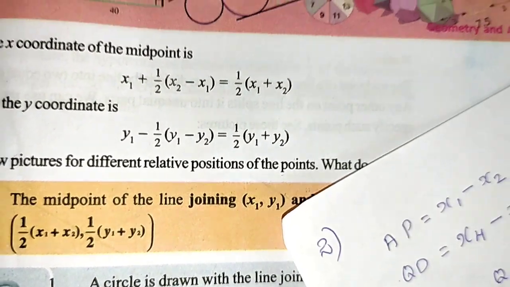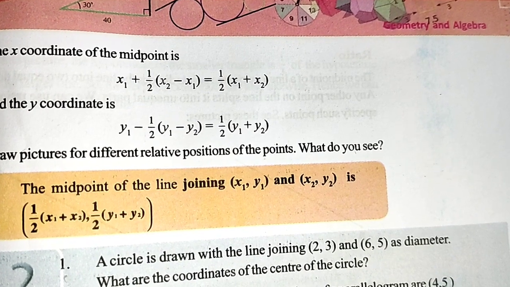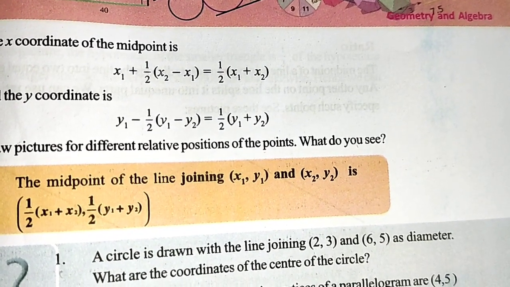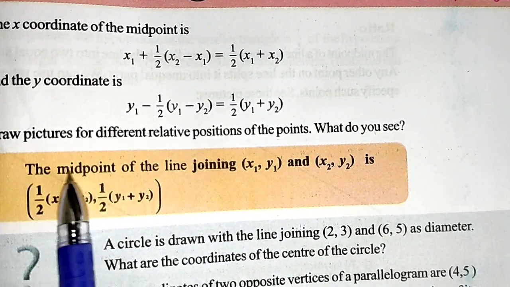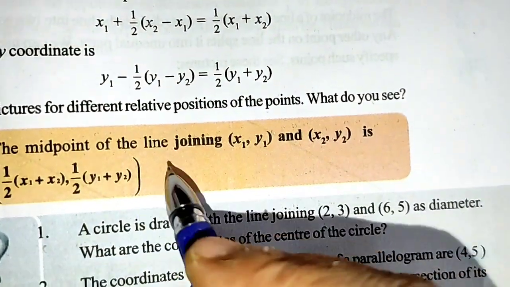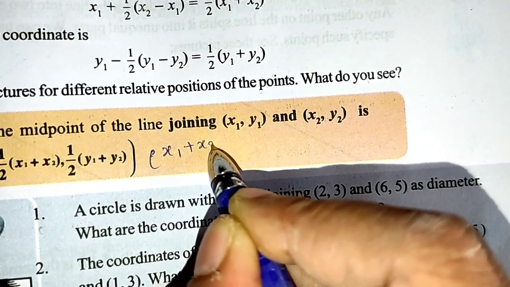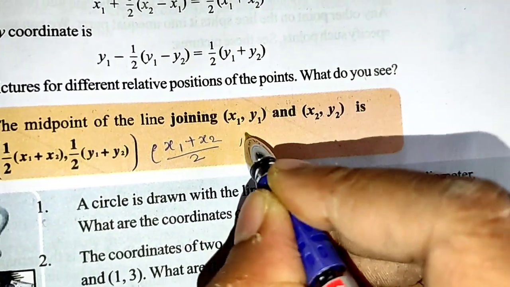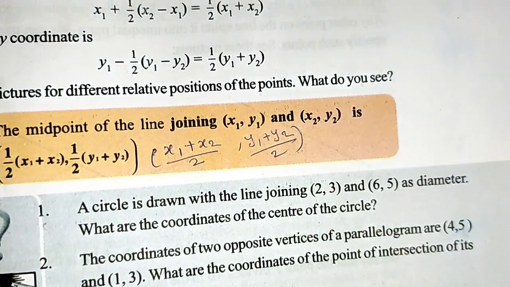So the average of the x coordinates and the average of the y coordinates are the coordinates of the midpoint. You just know this.